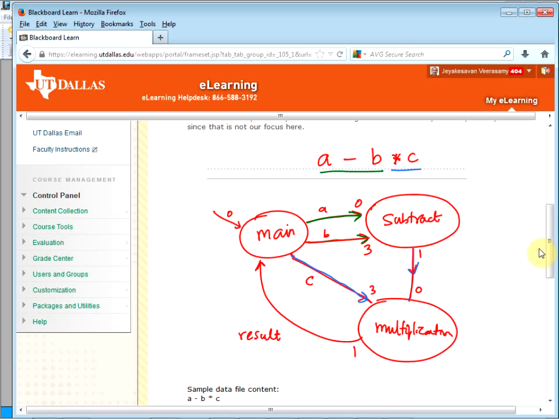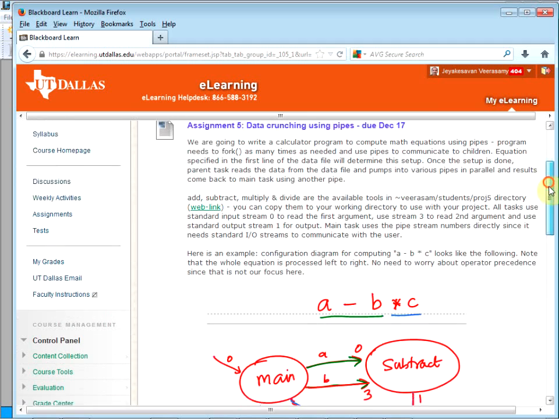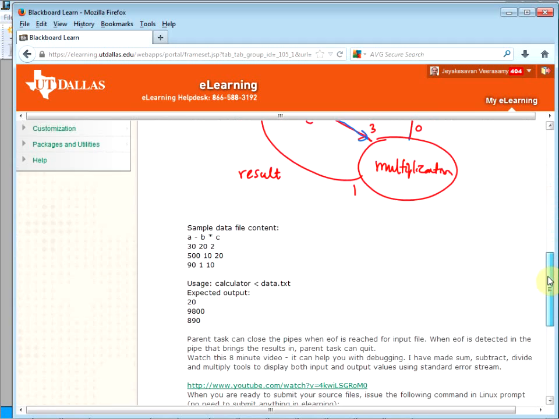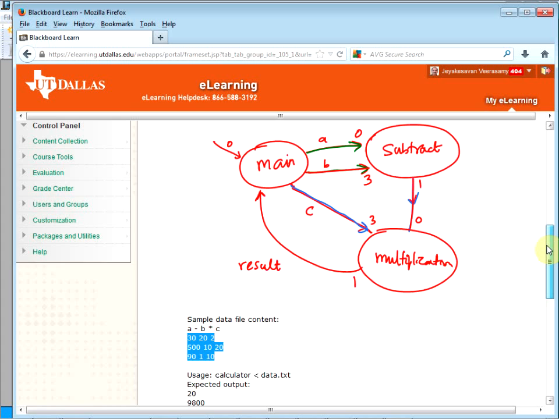So the idea is to do some computation like this. Here's sample data. After reading this equation, it should create some configuration, and based on this data, it should compute.